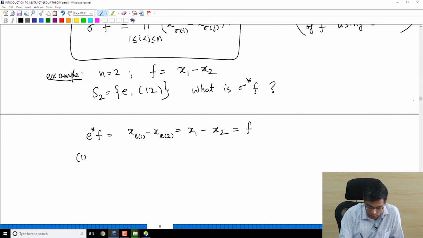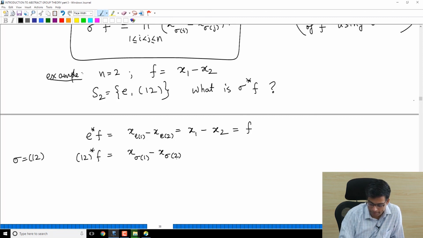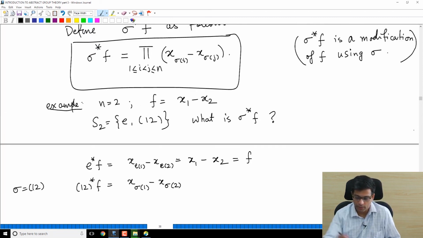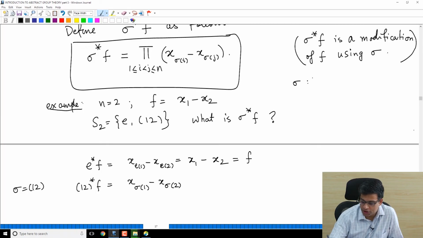On the other hand, what is (1 2) star f? Okay, it's confusing. Now it's easier for me to just use the letter sigma. So then this is x sigma of 1 minus x sigma of 2. See, when I write sigma of i, remember sigma is a function from 1 through n to 1 through n.